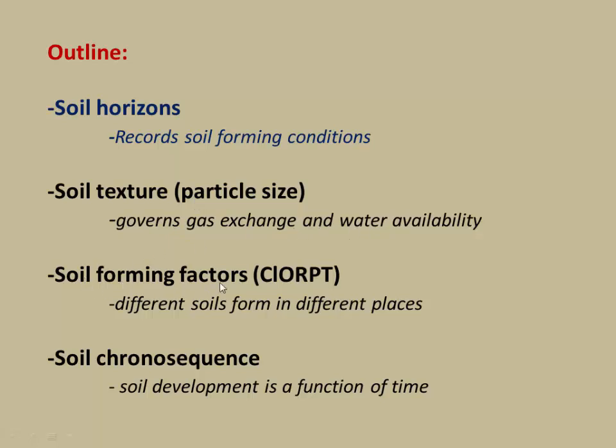Then we'll look at the 5 environmental factors that control soil formation: climate, organic material, relief, parent material, and topography, and how these factors essentially give us different soils forming in different places. And then we'll close with the idea of a soil chronosequence. We'll look deeper at how soil development is a function of time and how actually we can use the degree of soil development to estimate a soil's age.